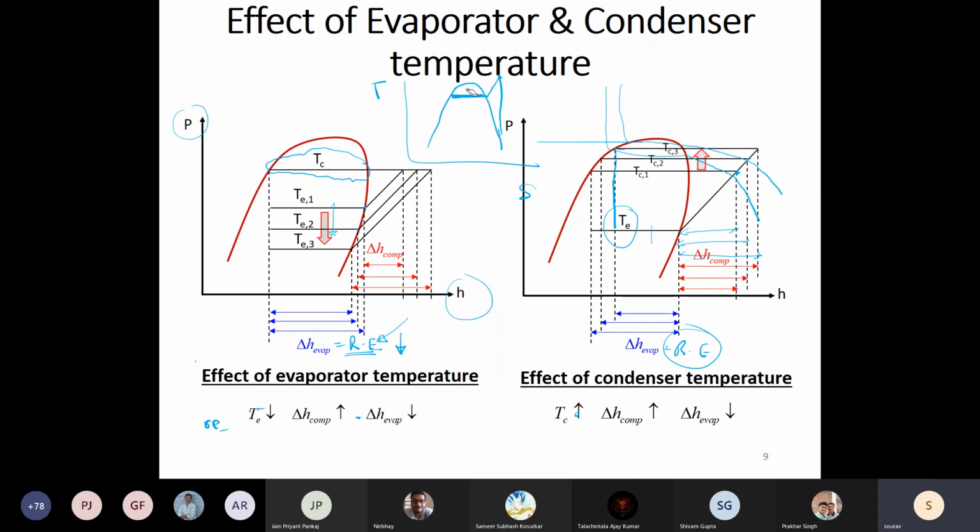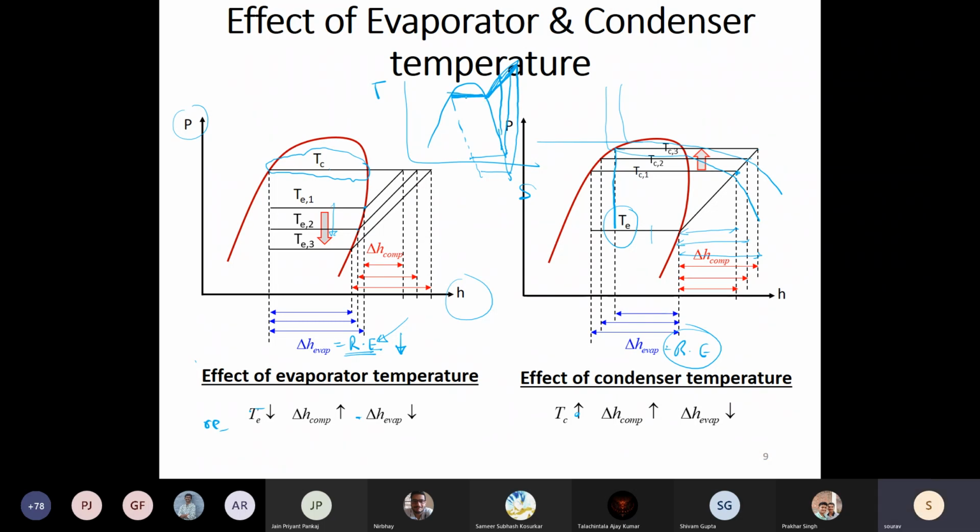So this is a higher condensing temperature scenario. But a higher discharge temperature scenario is at the same isobar. If you go to this condition, I can further reduce my evaporator temperature and move up. So this is my condensing temperature.